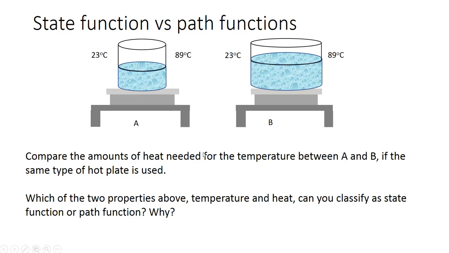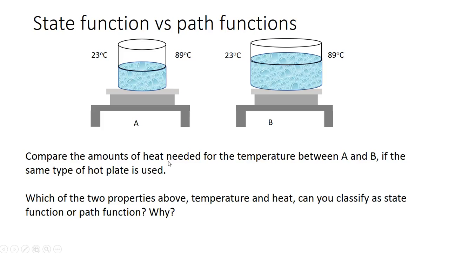Another example that we can use to show the difference between a state function and a path function. A path function depends on the path taken, while the state function depends only on the initial and final state of the system. So let's look at these two systems.